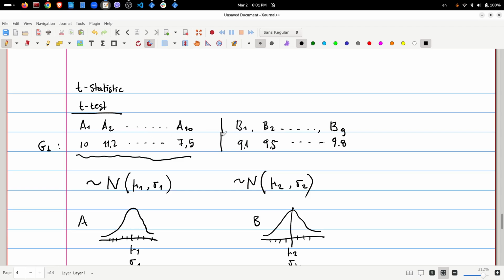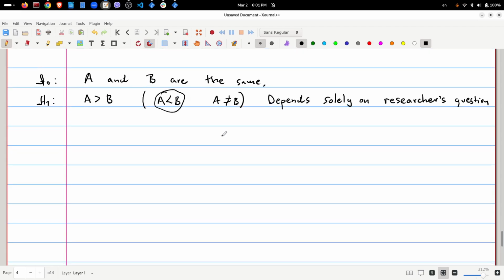a single value. Now this is not very difficult because we can define a statistic called t, calculated in this way.